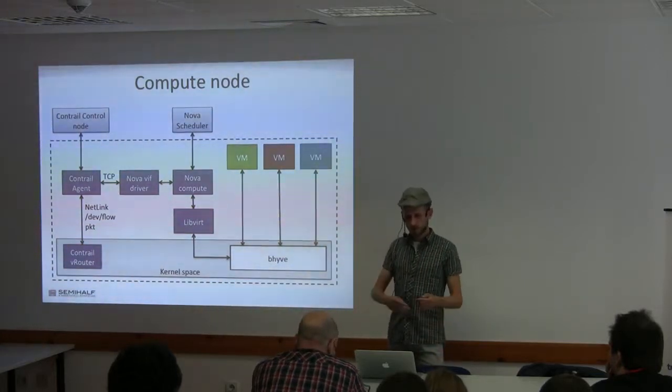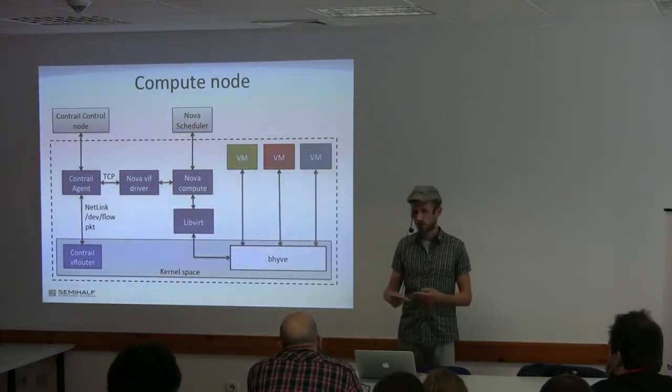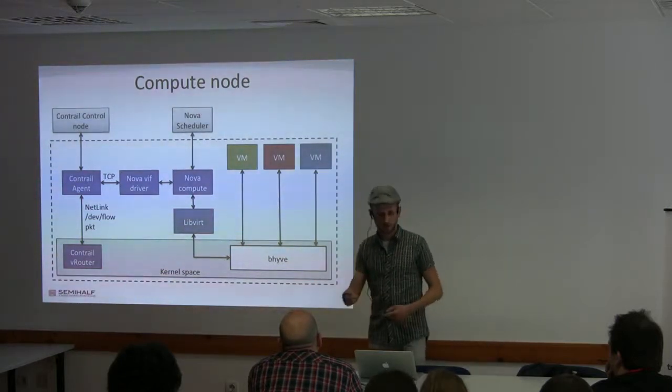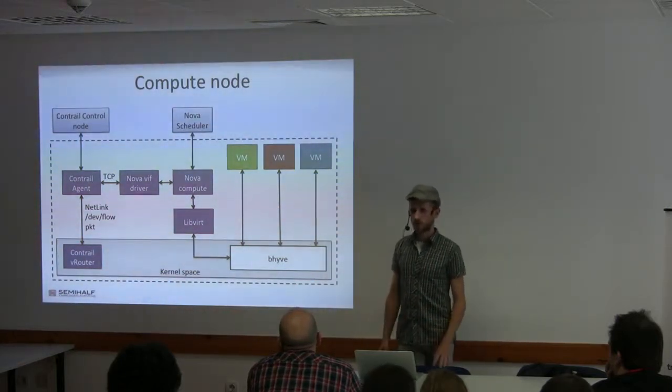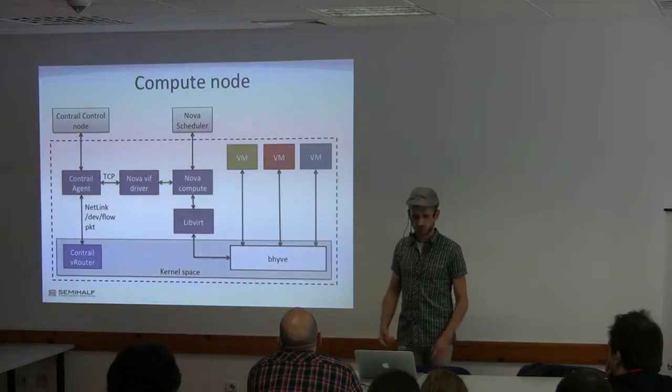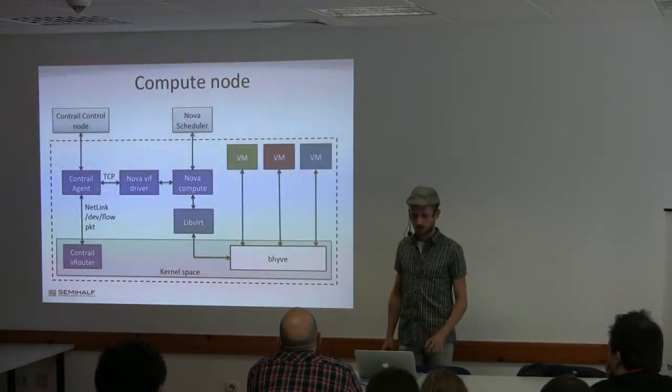So we are using just the same headers and using the sequence numbers to acknowledge that this part of the communication has been received by the vRouter or by the agent.